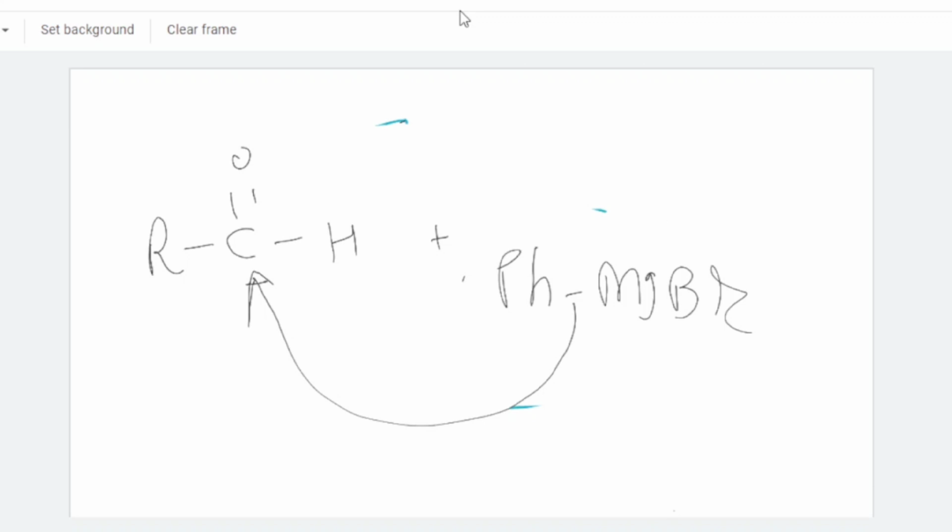Then the C double bond O, this pi bond will break.